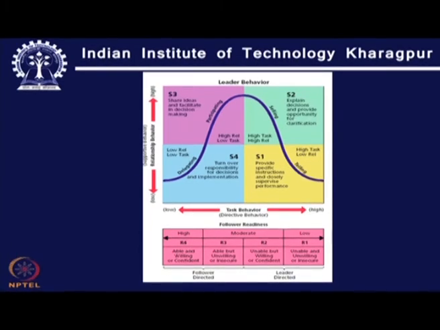When you reach S4, it is turning over responsibility for decisions and implementation; it is low relationship and low task orientation. What is more important here is that the relationship with the followers is very important, and it is written from high to low, and people have categorized it.